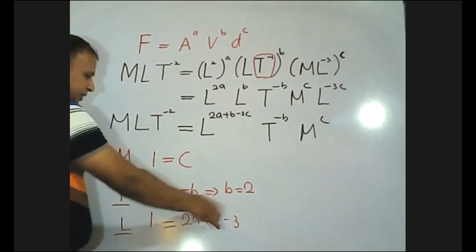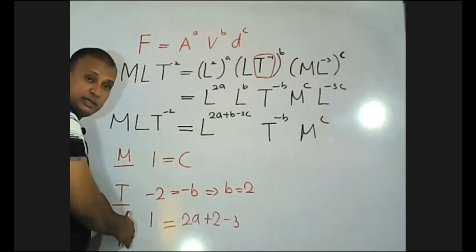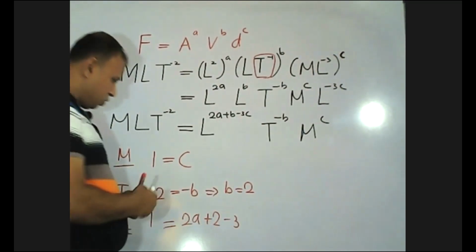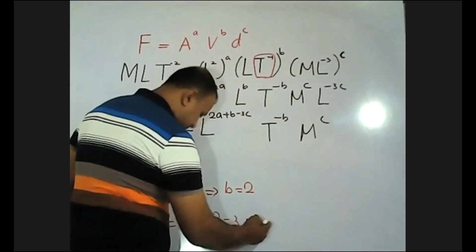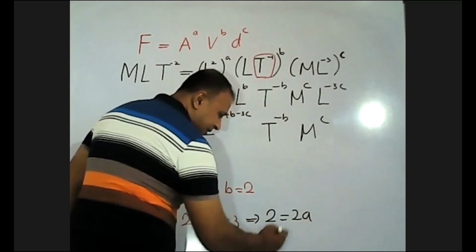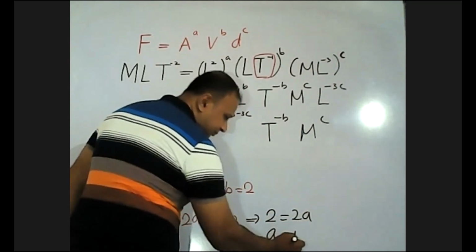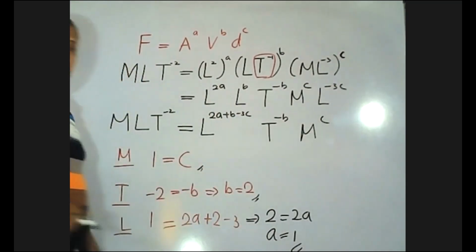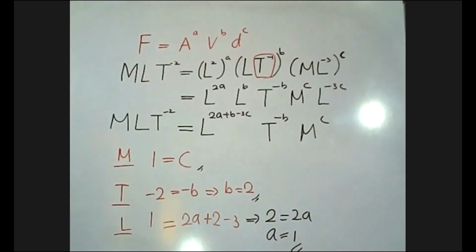So this is equal to minus 1. If I take minus 1 here, it will be plus 1. So 2 is equal to A, and A is equal to 1. So A is equal to 1, B is equal to 2, C is equal to 1.